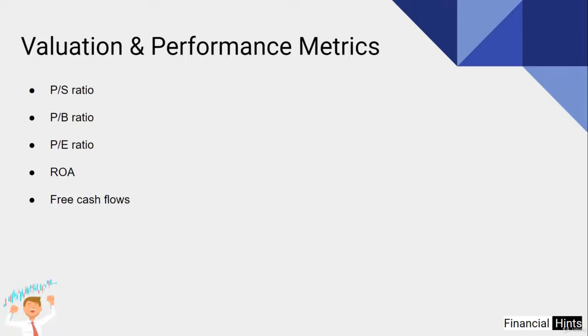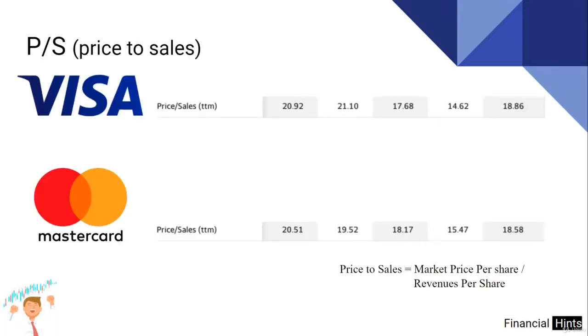With the technology we have today, with platforms like Yahoo Finance, we don't need to calculate them ourselves, so the effort is just for you to understand what they are, and that's it. So the first valuation metric is price to sales.